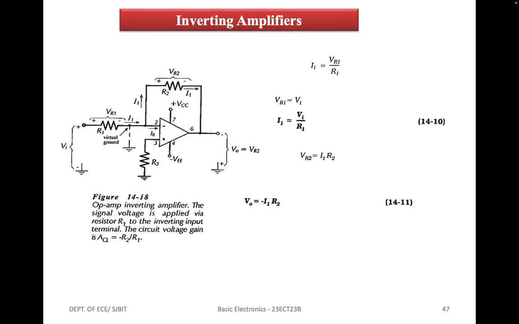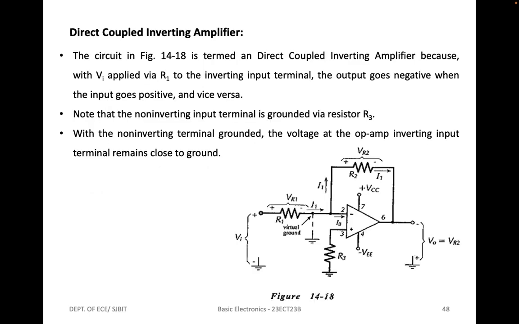The input impedance of an inverting amplifier is easily determined by recalling that the right side of R1 is always at ground level, and the signal is applied to the left side of R1. Therefore, Zi is equal to R1.